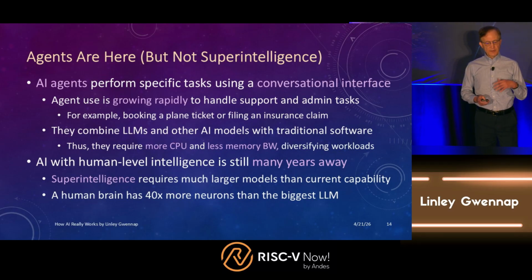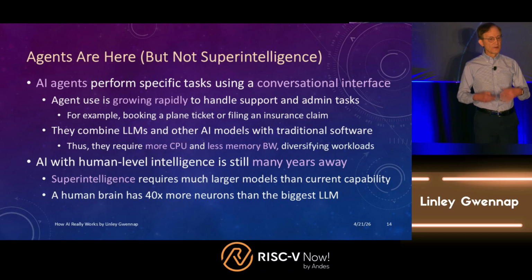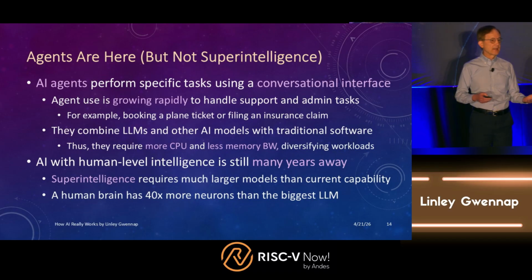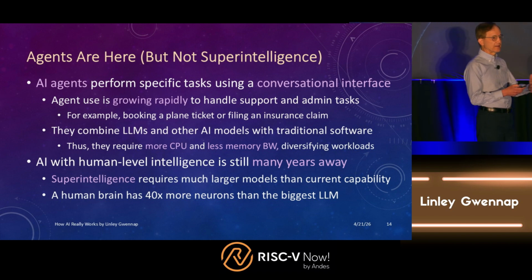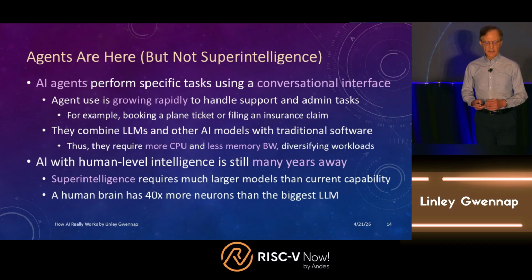We've seen agents being deployed to do customer support, to do administrative tasks. You could maybe use them to book an airline ticket or file an insurance claim. So instead of just telling you what to do, it actually puts everything together for you.